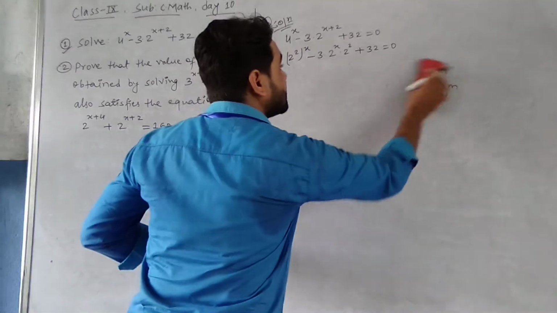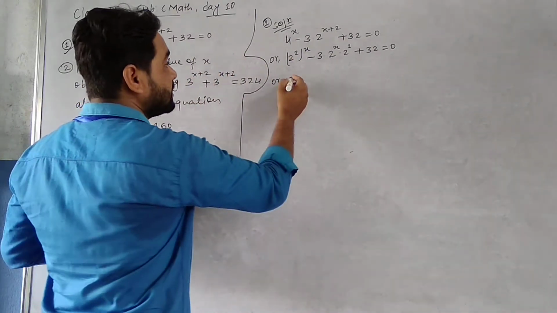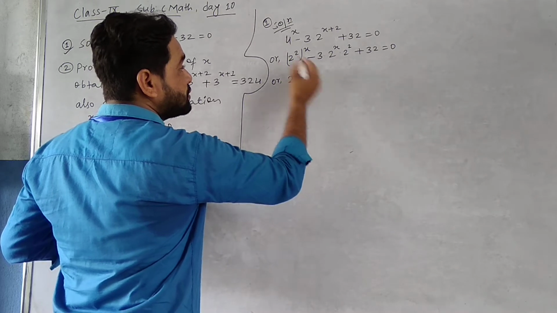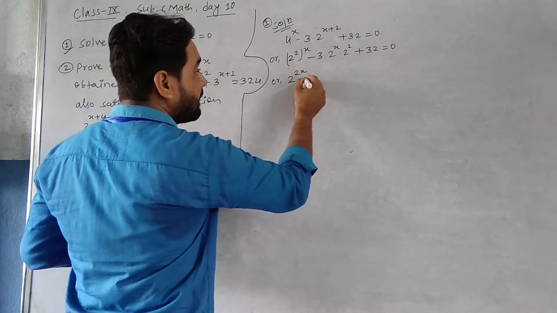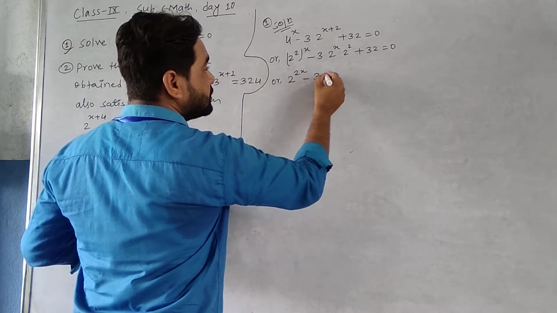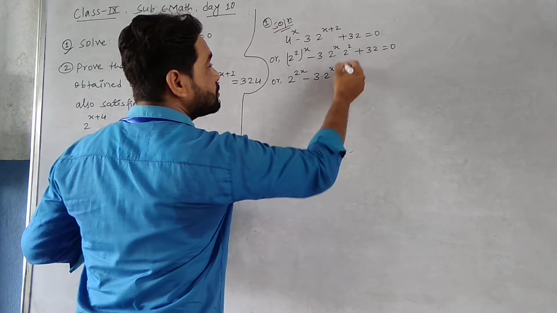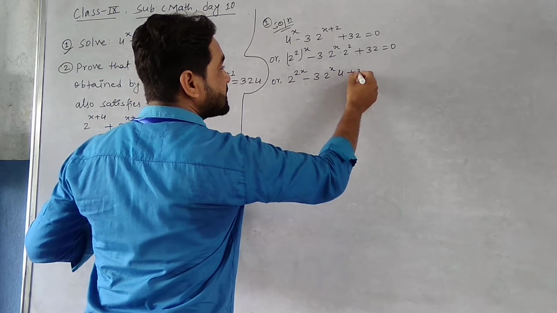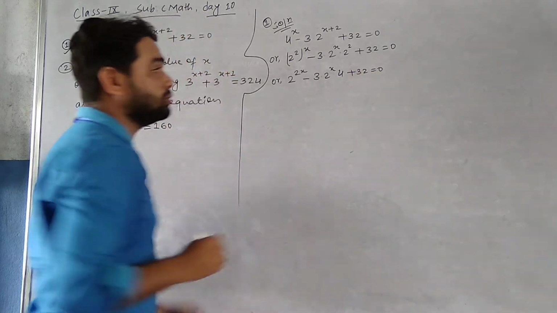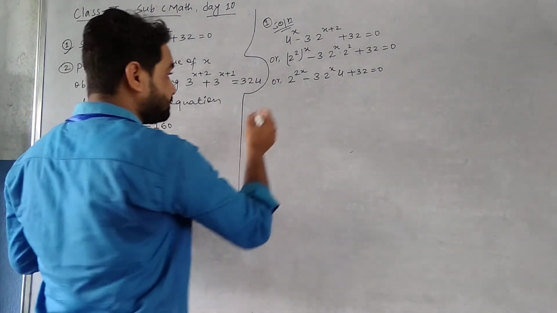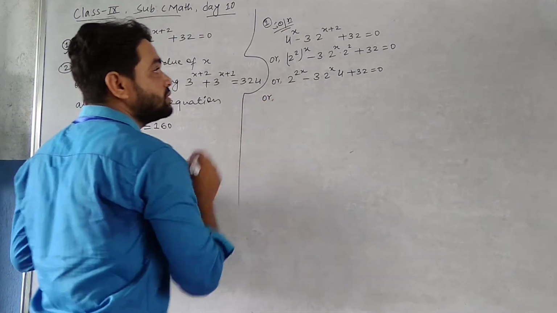So we can write this as 2 power 2x, minus 3 into 2 power x into 2 square, that means 4, plus 32 equals to 0. We get this.